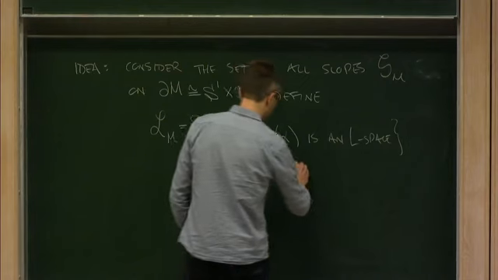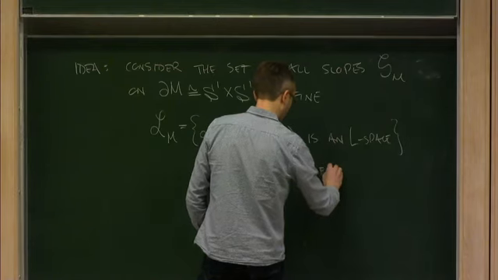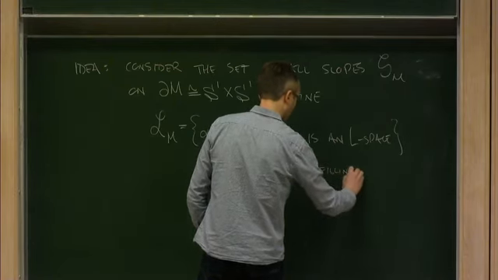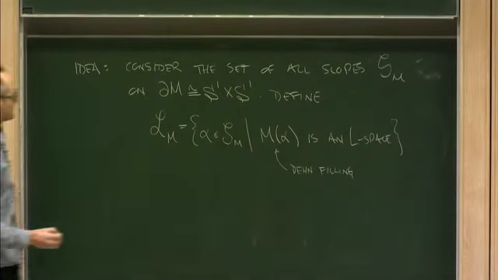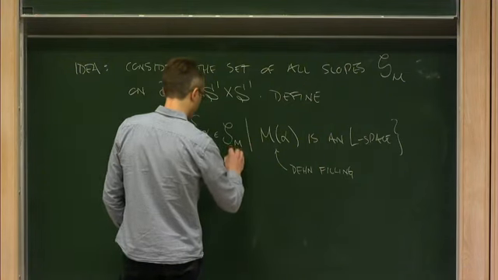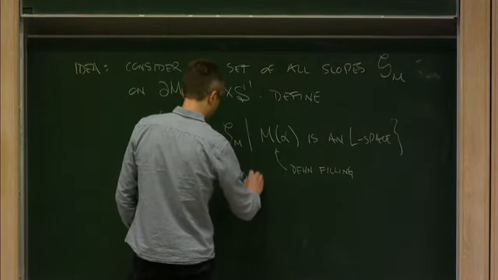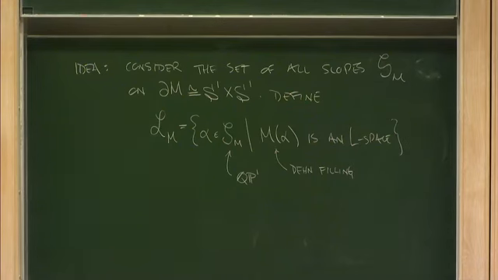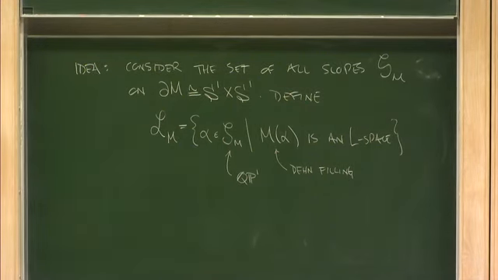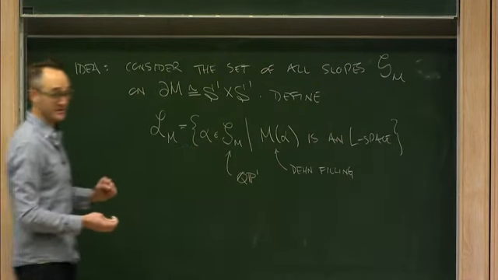For notation, this is the Dehn filling, or Dehn surgery, along α, and this set here you could identify with QP1, the extended reduced rationals that we're going to index these slopes by in the boundary.